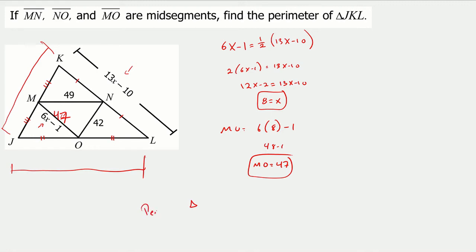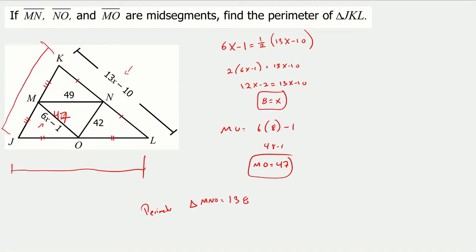So we'll say perimeter of triangle MNO. I know that's not the one we're looking for, but we know that the perimeter of that one, if we multiply by 2, is going to give me the perimeter of the big triangle. So 49 plus 47 plus 42 gives us 138.